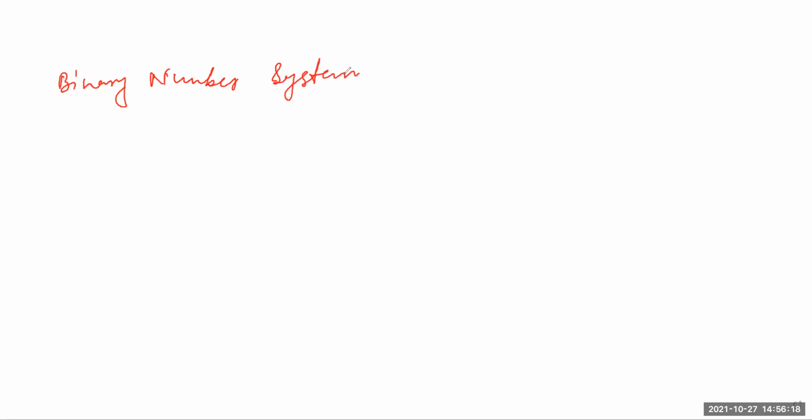It has two independent symbols, 0 and 1, but the base 2 itself cannot be a symbol. A binary digit, 0 or 1, is called 1 bit. There are some rules for binary arithmetic.